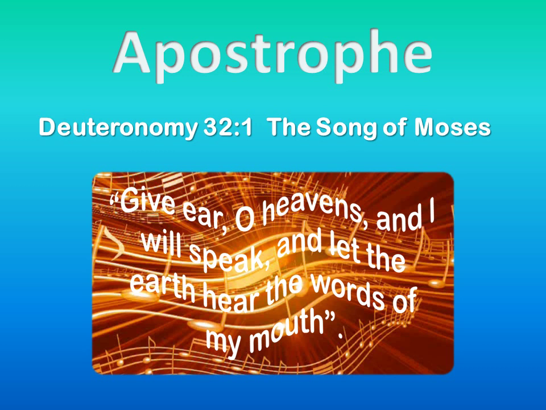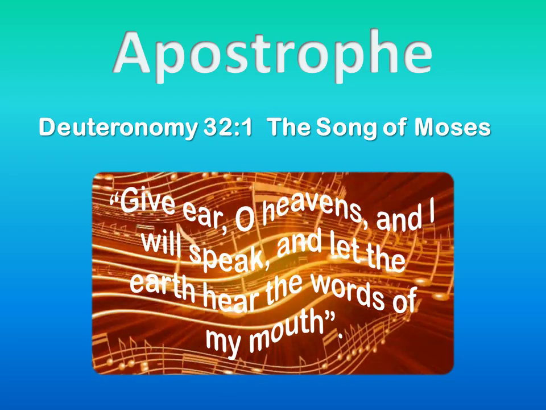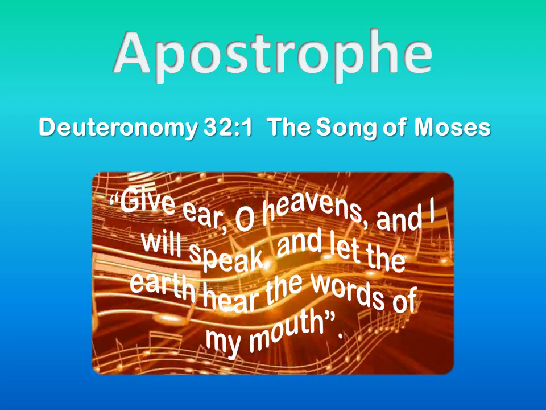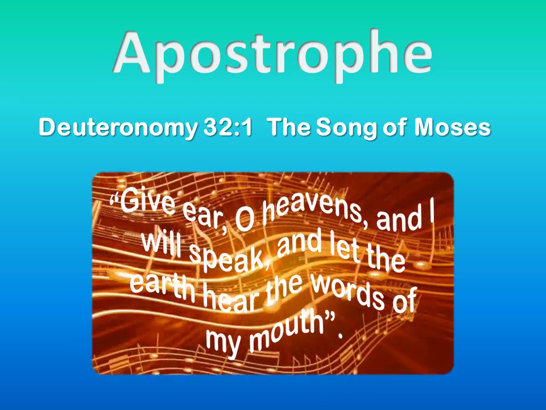Thousands of years before Paul Simon, Moses used this device in his hit song that we read about in Deuteronomy 32 verse 1, where he sings, "Give ear, O heavens, and I will speak, and let the earth hear the words of my mouth."